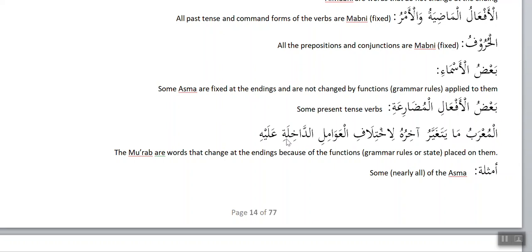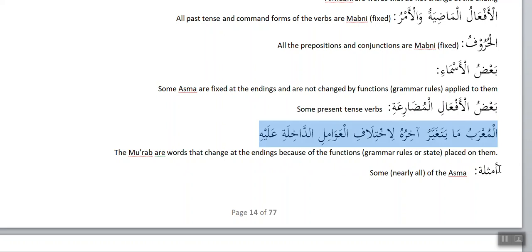But what it means is that there are functions that are placed in front of that word, or the position in the sentence, or things like that, that cause that change in the ending. The mu'arab are words that change at the ending because of the functions, grammar rules or state placed on them.